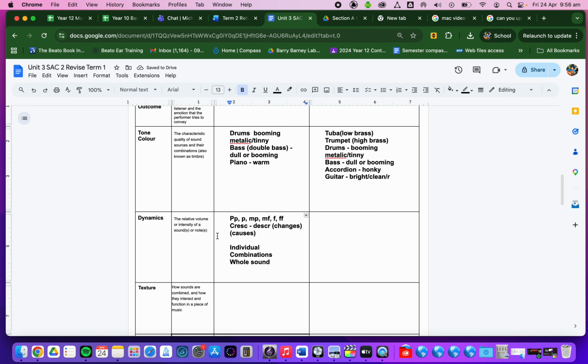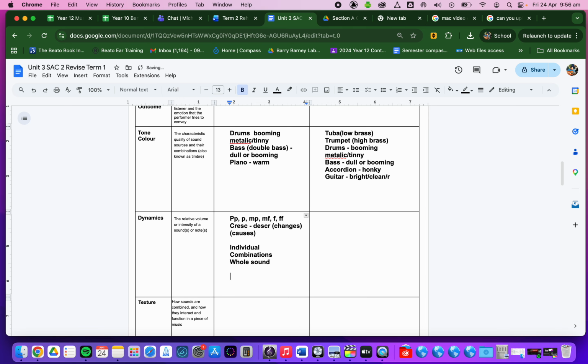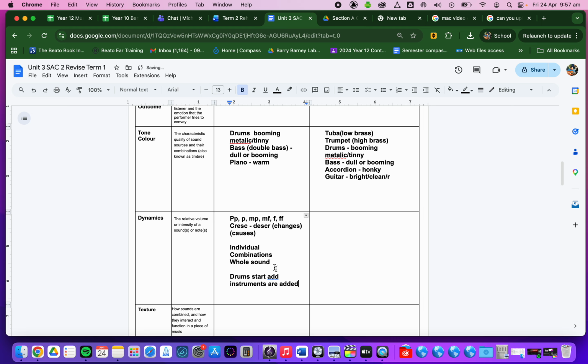So I think it starts with the drum in this one, so that might be something. So drums start and instruments are added. You need to be able to describe why things are changing and the changes.